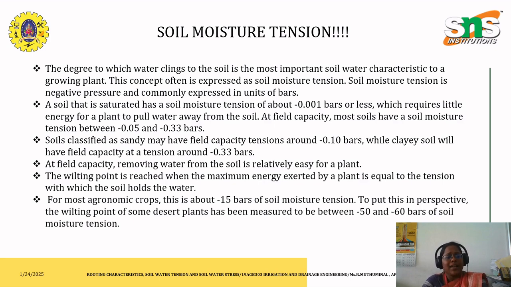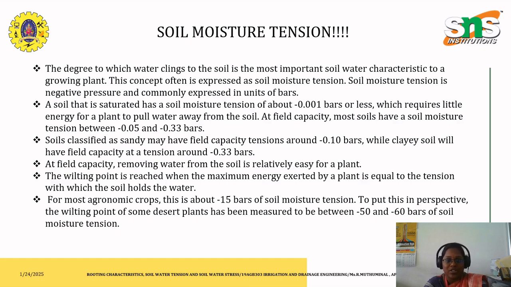That means at field capacity, removing water from the soil is relatively easy for a plant. The wilting point is reached when the maximum energy exerted by a plant is equal to the tension with which the soil holds the water. For most agronomic crops, this is about minus 15 bars of soil moisture tension. To put this in perspective, the wilting point of some desert plants has been measured to be between minus 50 and minus 60 bars.